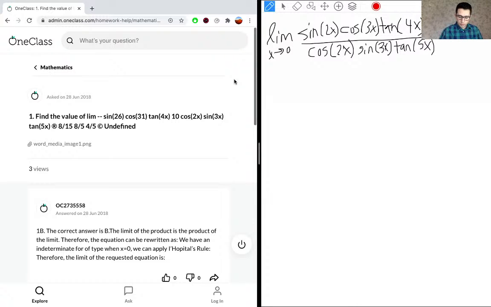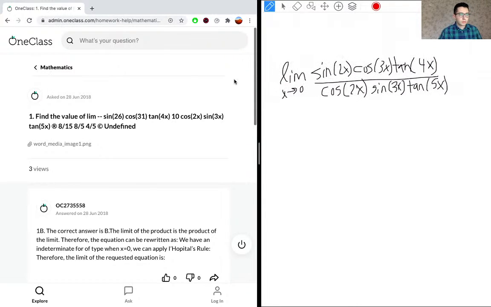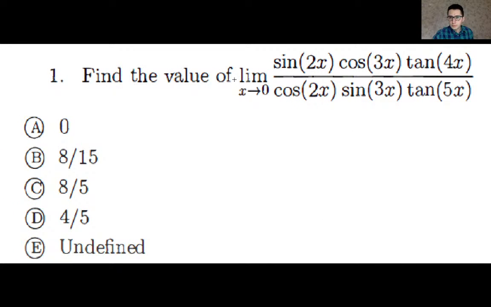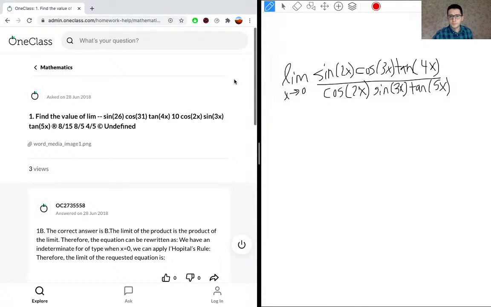So let me just move that so it's visible. Okay. So let's just double check that. Okay, so we have the same limit that we have to evaluate.